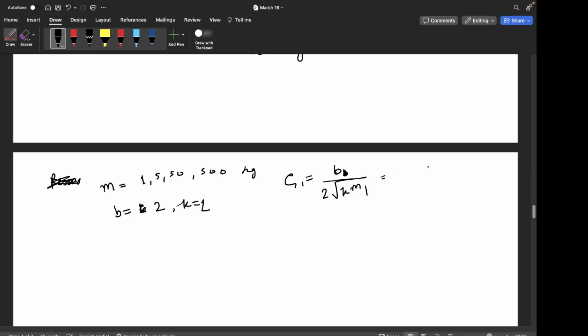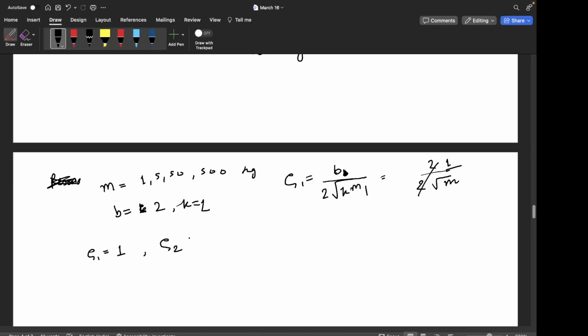So the B value will be 2 by 2 and K is 1, so the damping ratio here is effectively 1 by root M. Could you please quickly tell me the values?